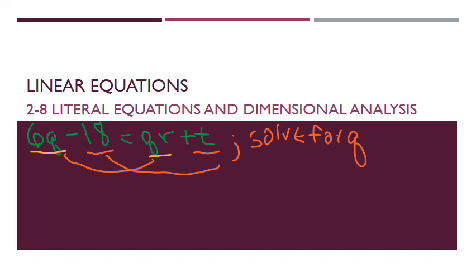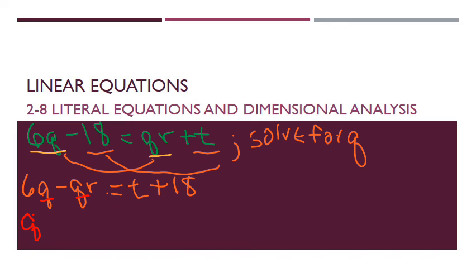And so once I do that, I'm going to have 6Q minus QR equals T plus 18. All right, so I've got a 6Q minus QR over here on the left-hand side. And using the distributive property, I could actually factor out the Q here on both of these expressions.